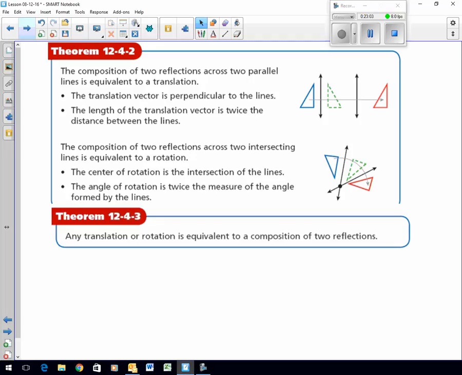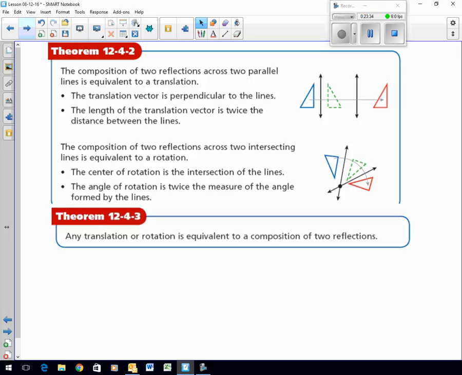Composition of 2 reflections across 2 parallel lines is equivalent to a translation. All right, so parallel lines, right? I reflected this particular triangle once, and I reflected it again. See that? 2 different reflections.